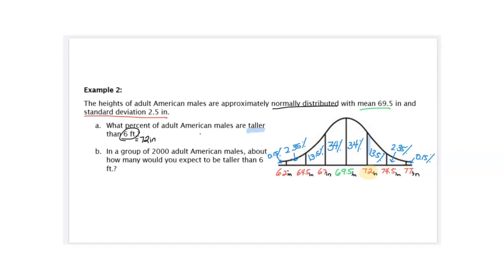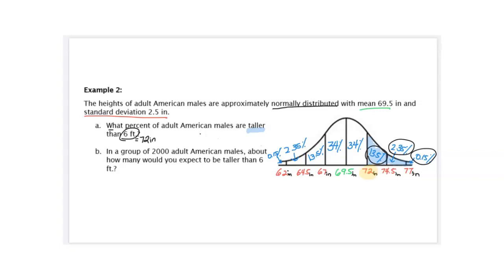So we're referring to all of the space here. So then we would take our 13.5%, add it to our 2.35%, and add it to our 0.15%.